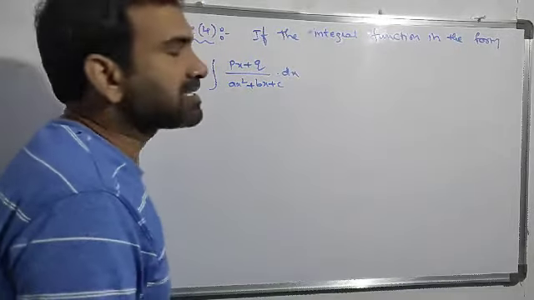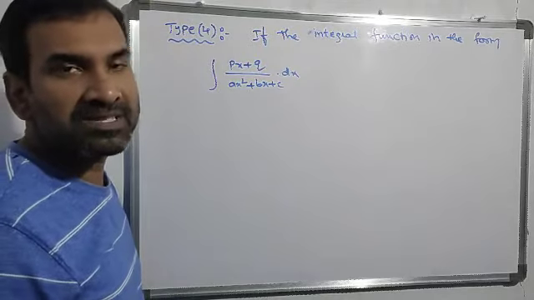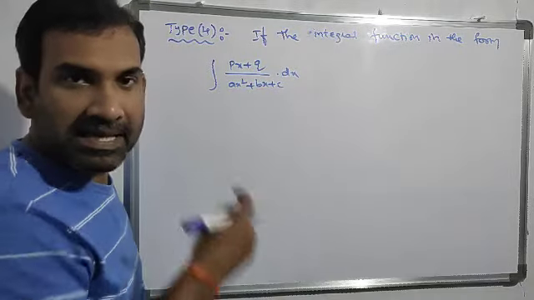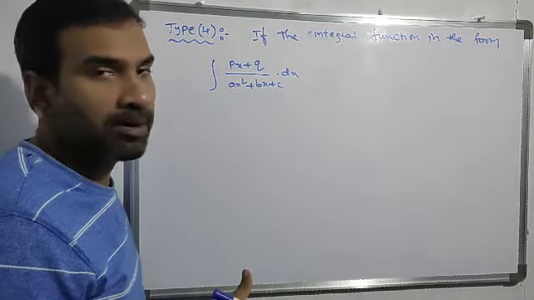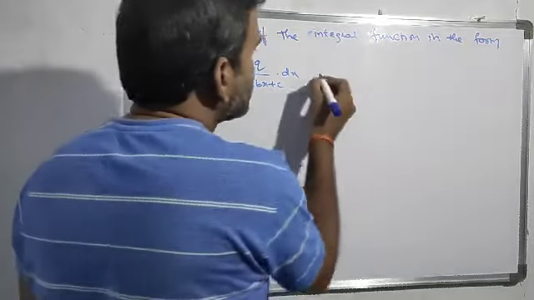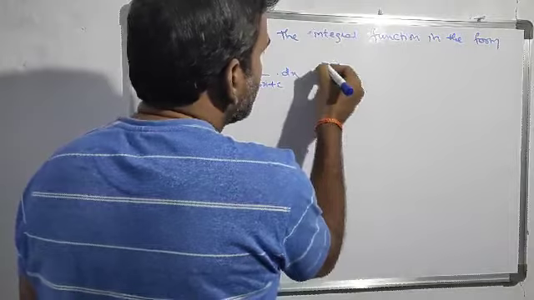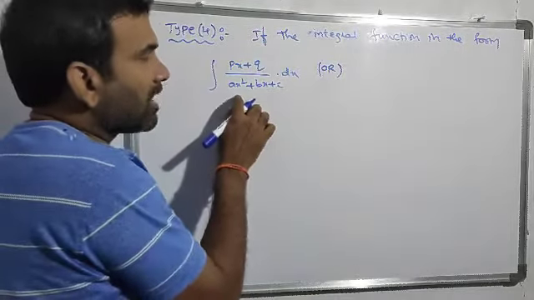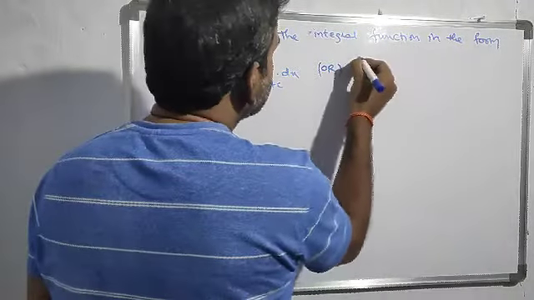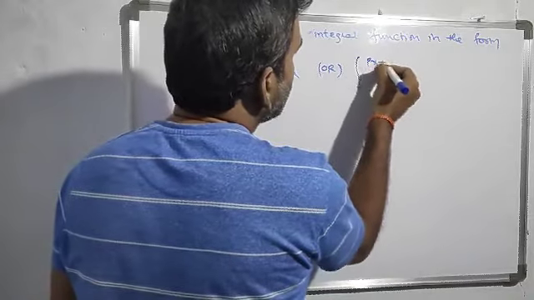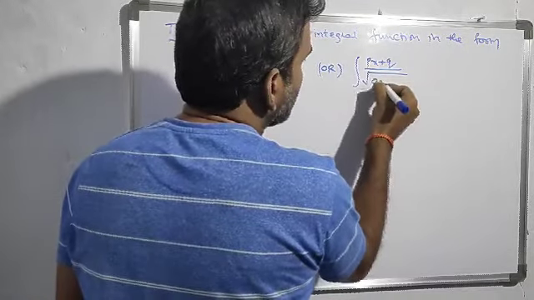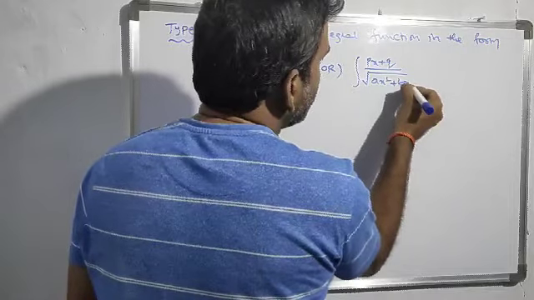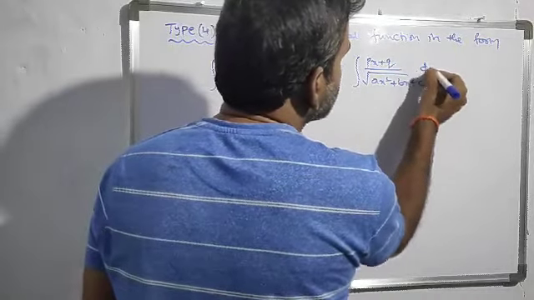In this model, in the numerator you have a first degree polynomial and in the denominator you have a second degree polynomial, a quadratic expression. Or in this model, the denominator has no root. Suppose it has a root also, there is no problem.